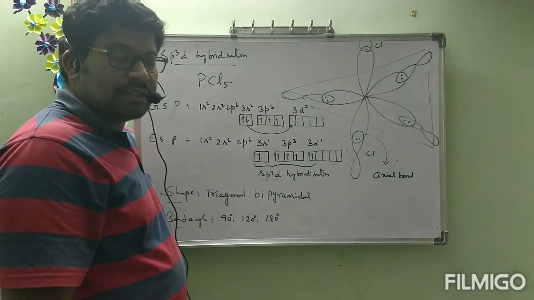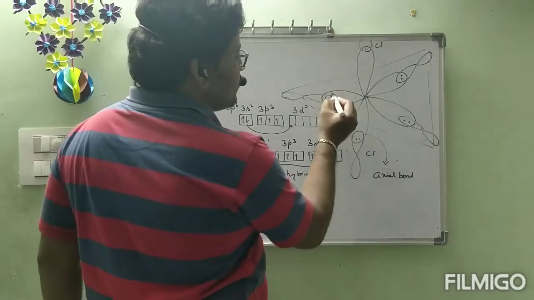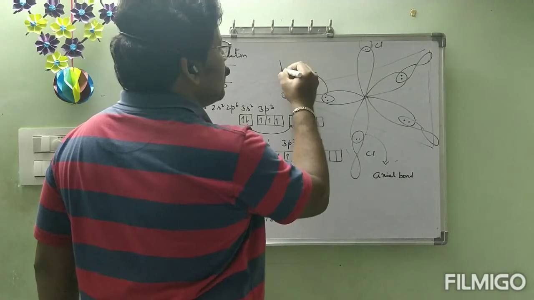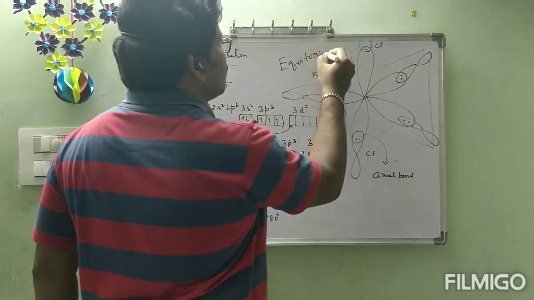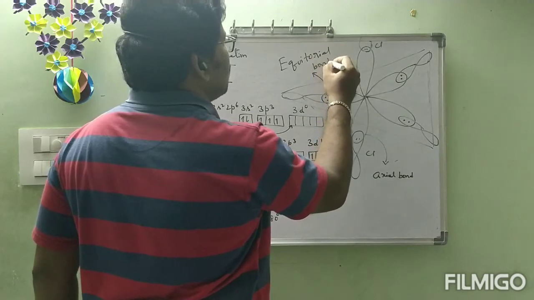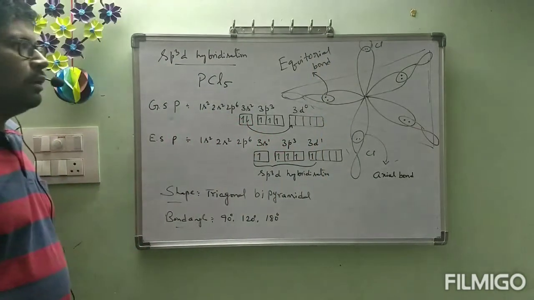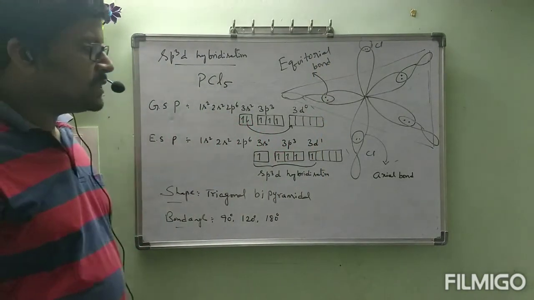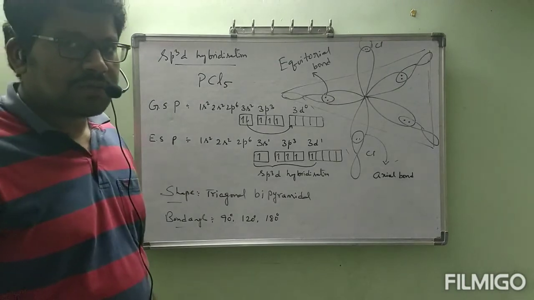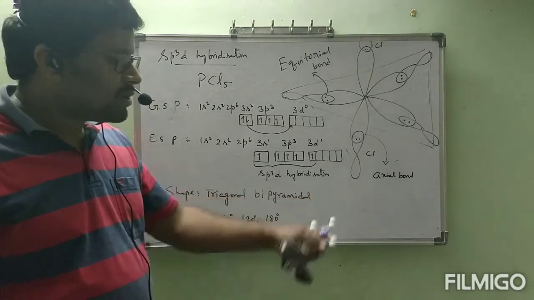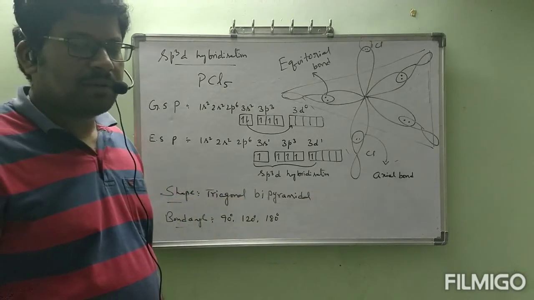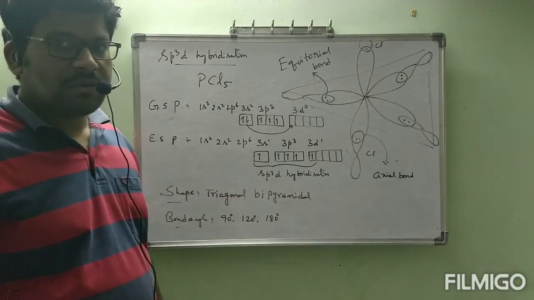This is an equatorial bond. So 2 types of bonds are present in PCl5. The bonds present in the plane are called equatorial bonds, and the bonds present above the plane and below the plane are called axial bonds.